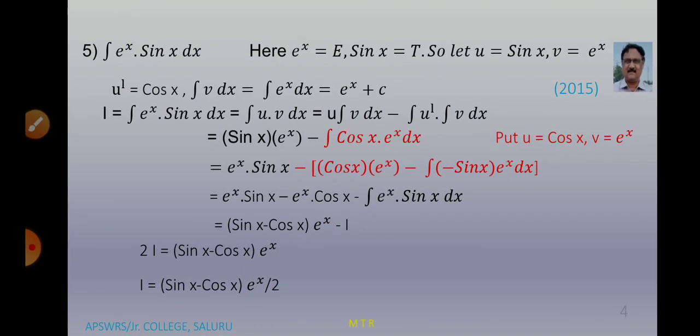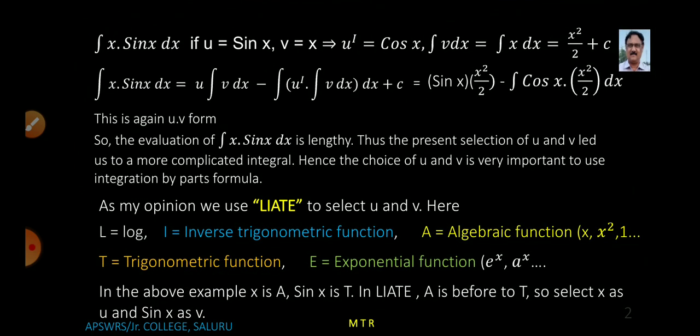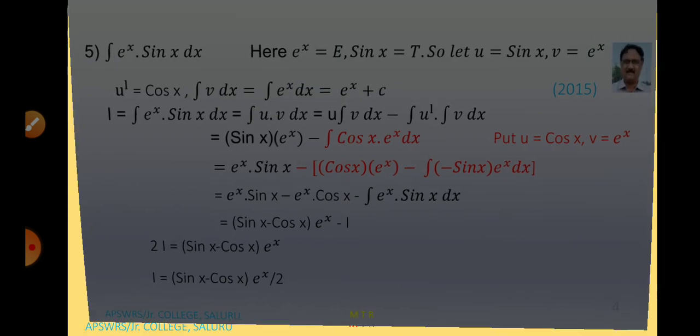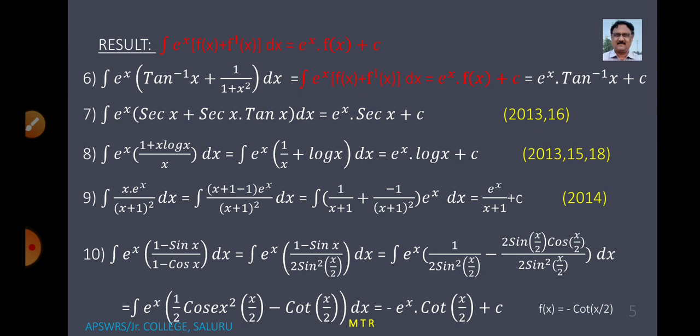Now this is equal to, we write this e power x as it is, 1 by 2. You know 1 by sin square is cosecant square. We write that 1 by sin square x by 2 as cosecant square x by 2 minus, 2 cancels, one sin x by 2 and one sin x by 2 cancel, cos x by 2 by sin x by 2.